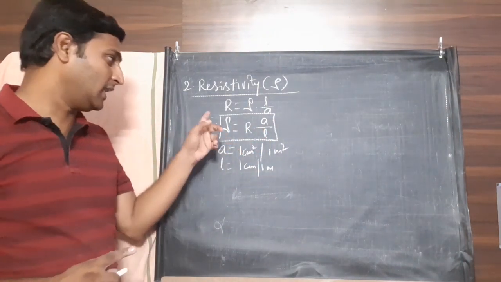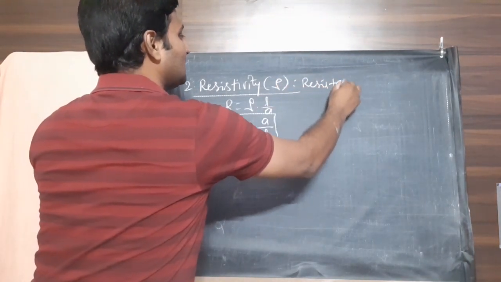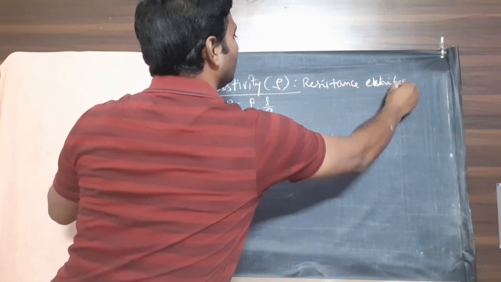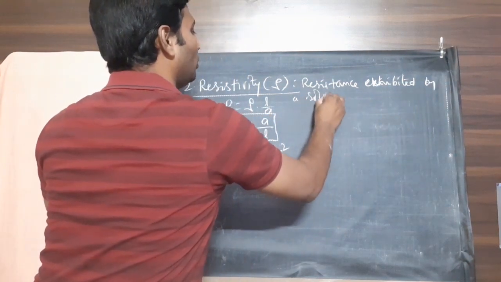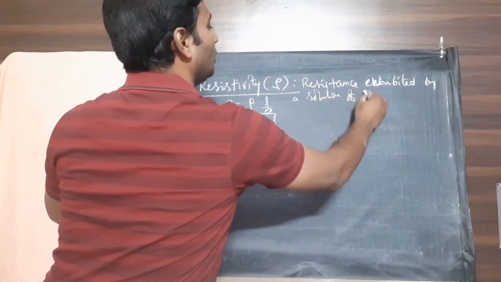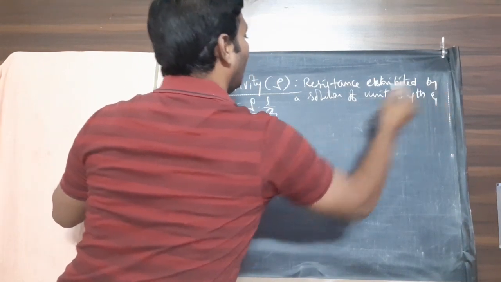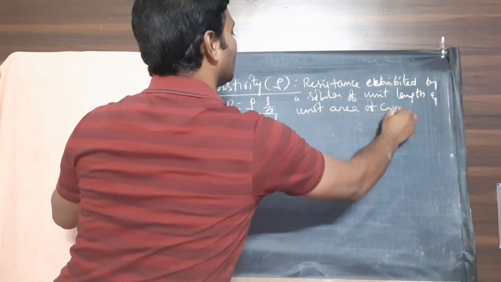Accordingly, you can define resistivity as resistance exhibited by a solution of unit length and unit area of cross section.